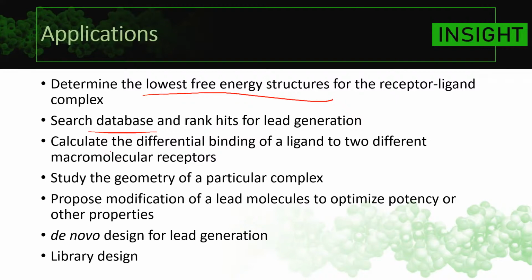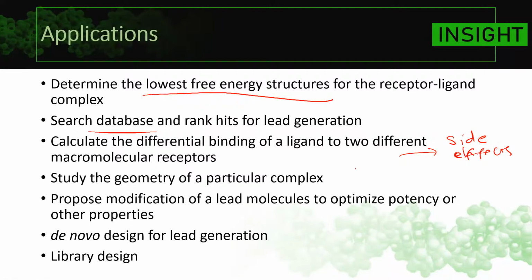We can use molecular docking to calculate properties like differential binding of the ligand to two different macromolecular receptors. This is again a very important step. Let's say, for example, one of the applications of this is side effects. As we know, many drugs that we use in our day-to-day life have some side effects or other.